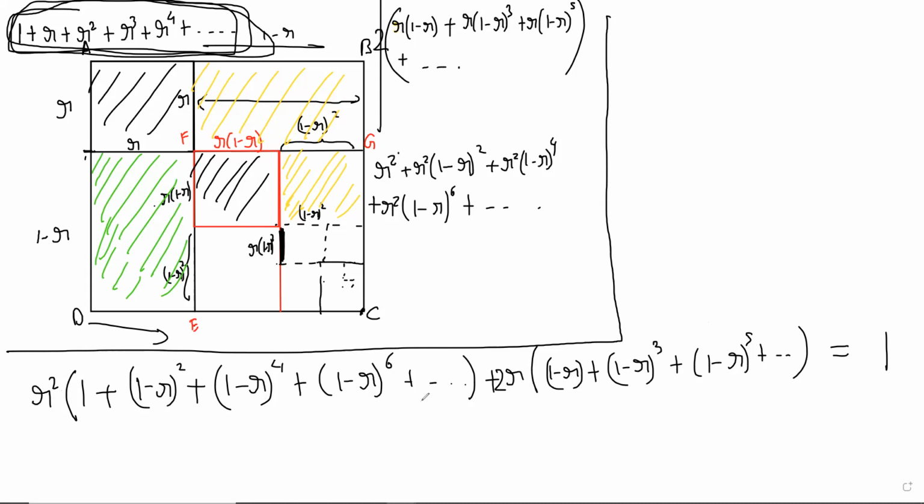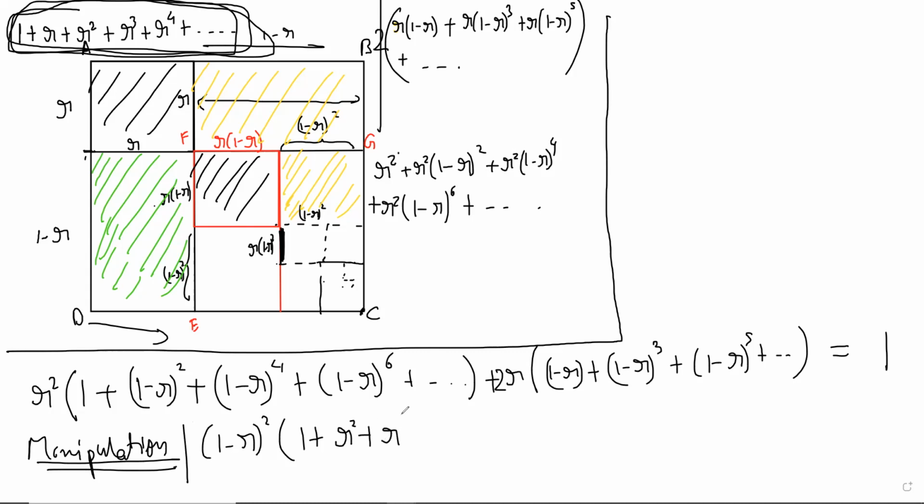So do some manipulation. There's some simple manipulation that you have to do, and you will get it. What manipulation? I think you can just put r equal to 1 minus r, right? And you will get a series like this.